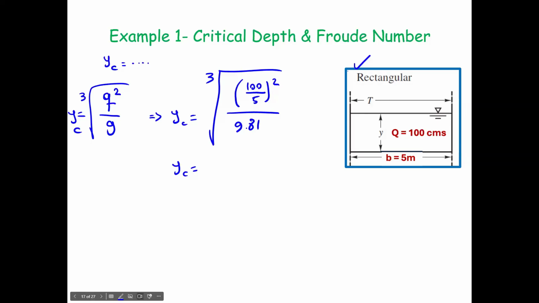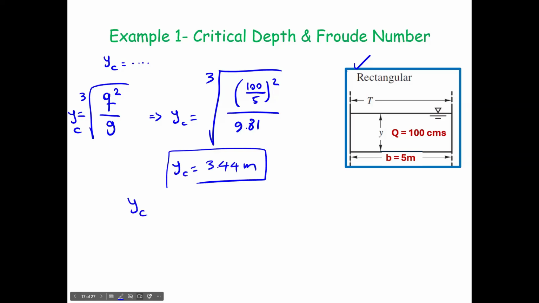What's YC? Three point four. 3.44 meter.